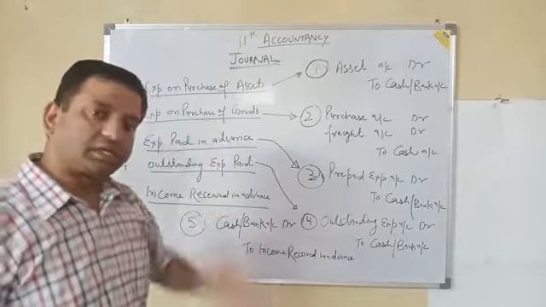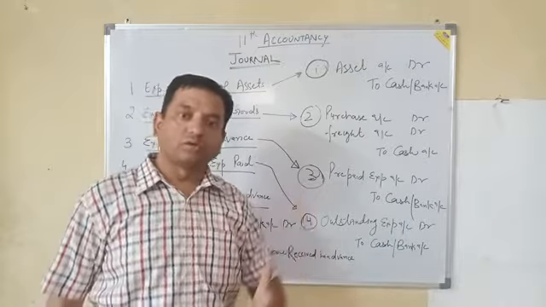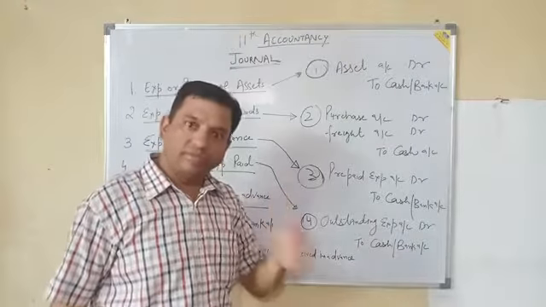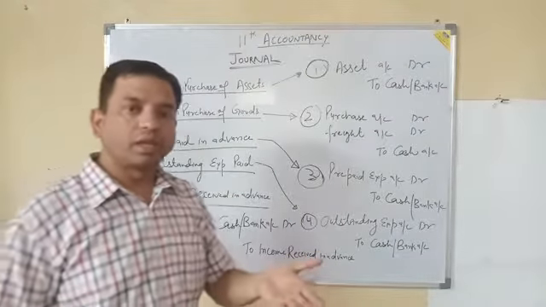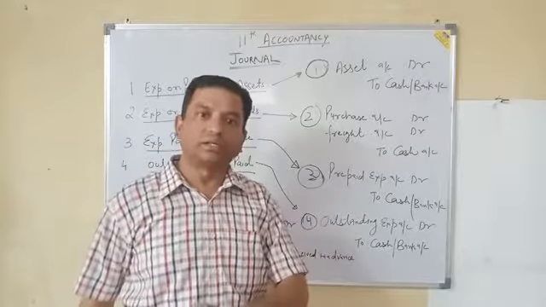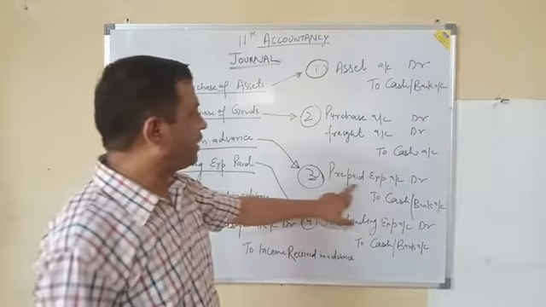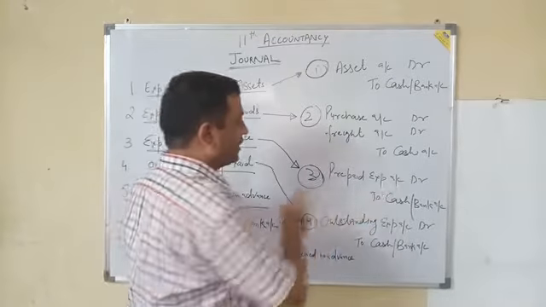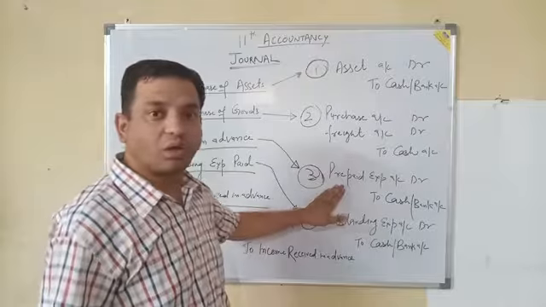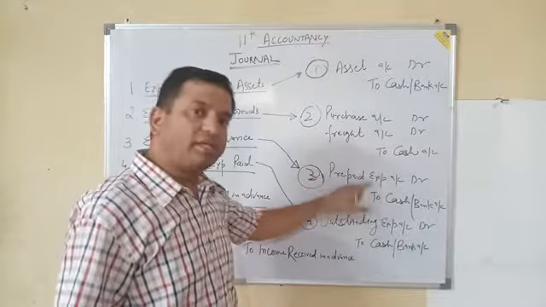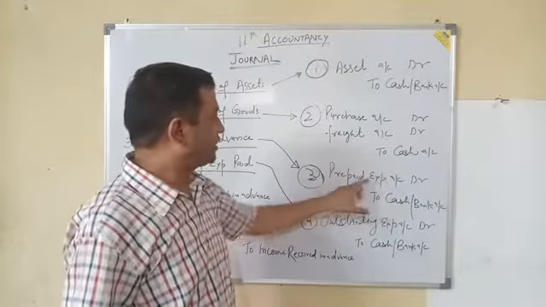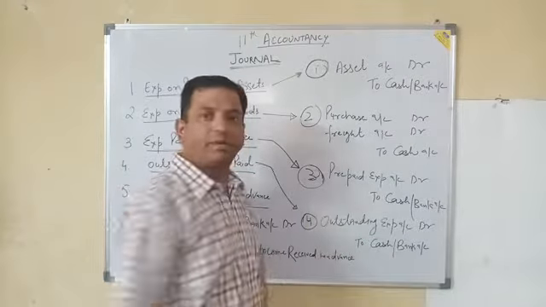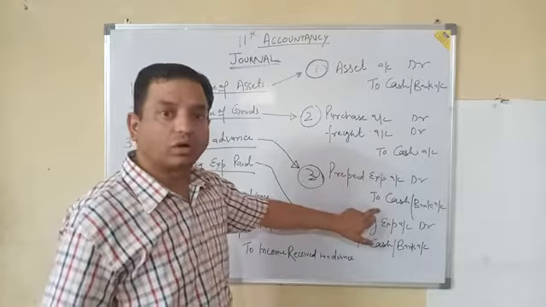Like suppose the rent of the next month is being paid in the previous month, then the entry will be prepaid expense account debited to cash or to bank. Here you have to debit the prepaid expense, not the expense, because the expense has not become due yet. When this expense will become due, then you will make the entry expense account debited to cash. Otherwise, right now you will make the entry prepaid expense account debited to cash or to bank.